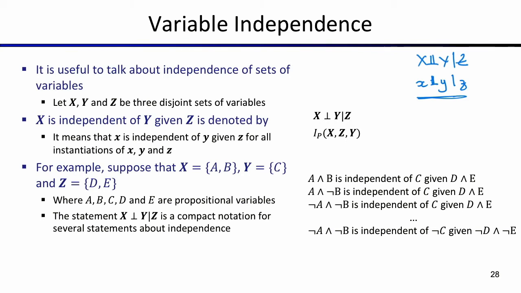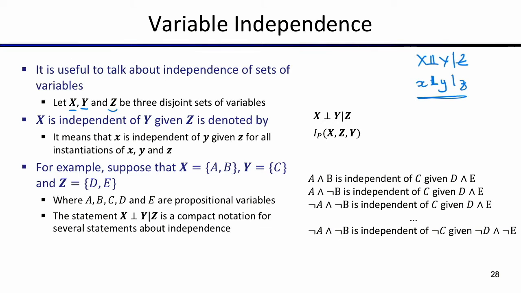And we can also take one step further and talk about independence of sets of variables. Remember from our notation that if we use capital bold letters, we are talking about a set of variables. Imagine that we have three disjoint sets of variables, x, y, and z, so they do not share any variable in common. And we want to say that the set x is independent of the set of variables y given the set of variables z.